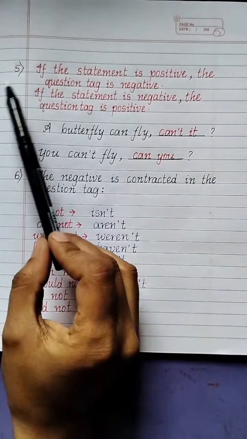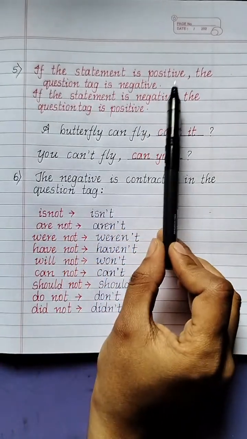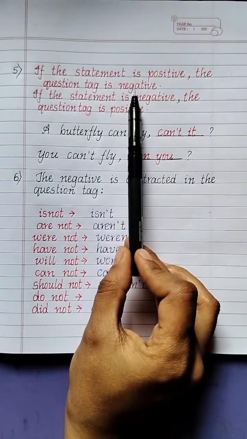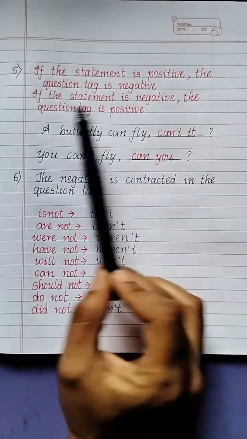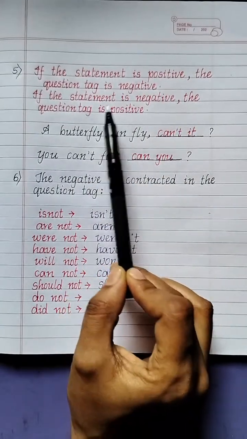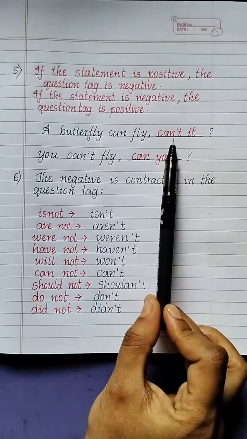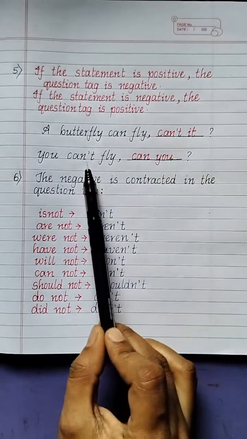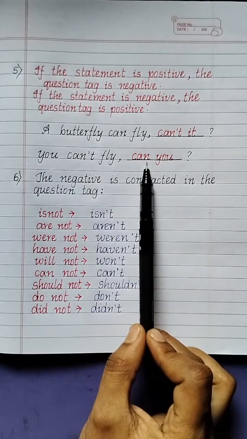Similarly, rule number 5 says that if the statement is positive, the question tag is negative. If the statement is negative, the question tag is positive, just vice versa.